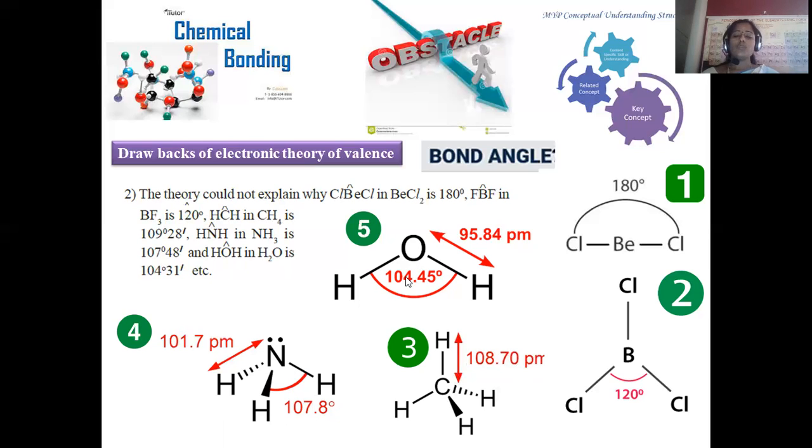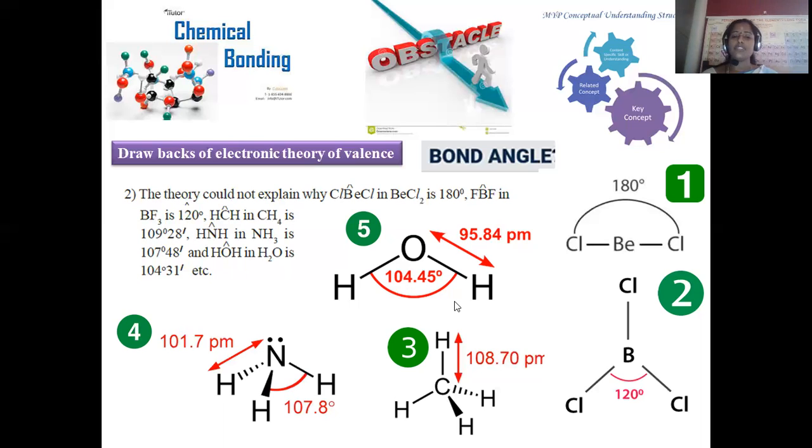And interestingly, when you go with water, again it is a system where tetrahedral geometry is imparted, but still it is not obeying that 109 degrees 28 minutes, which is a common representation for any molecule that exists in tetrahedral geometry. But exceptionally, water possesses a 104 degrees 45 minutes bond angle, being a bent geometry, because two of the corners on oxygen are occupied by lone pairs of electrons rather than bonded to any other element.